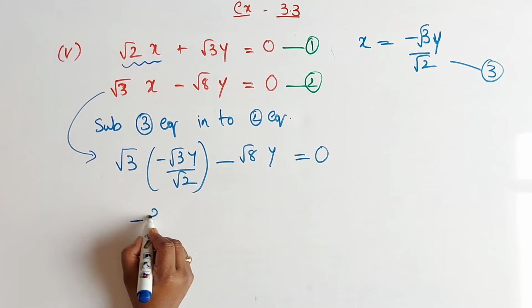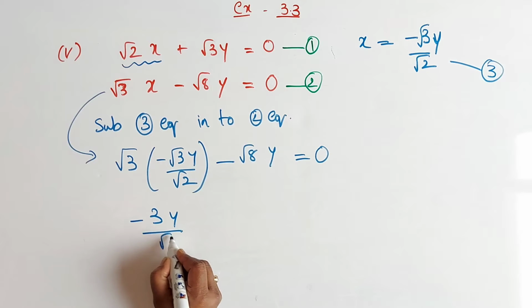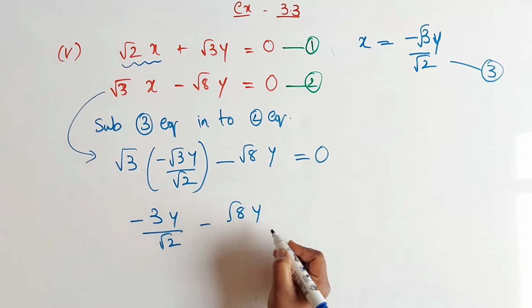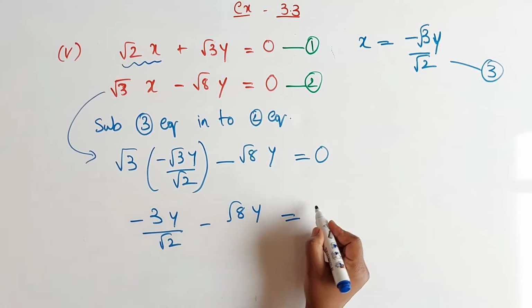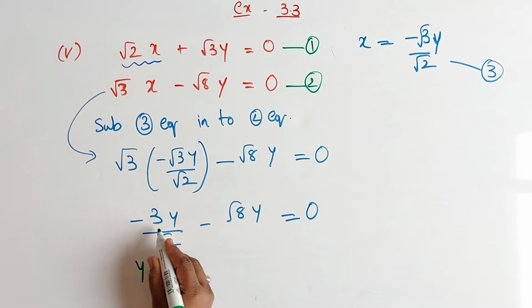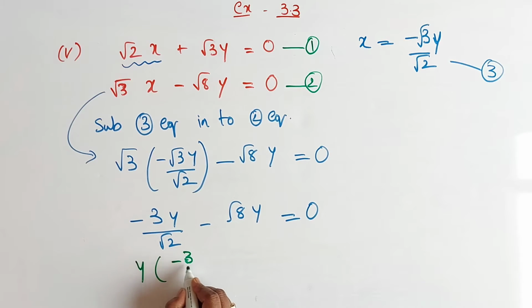Minus is there, so minus 3y divided by root 2 minus root 8y. This equal to 0. From here we can take y common children. If you take y common, minus 3 by root 2 is here and minus root 8 is here. We want y value only. So if you send this one to right hand side, y equal to 0.